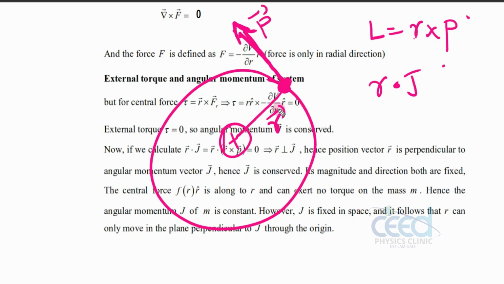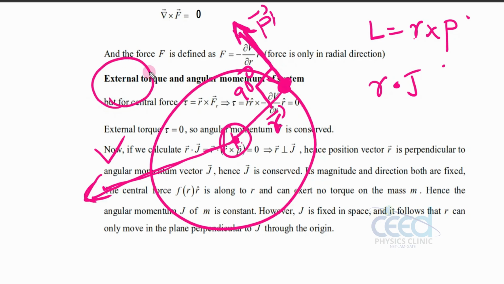Then the r cross p direction, that also we studied: it is perpendicular to both r and p. Then r and p are at 90 degrees. Suppose you draw one perpendicular to this, like the axle of a fan rotating, that is the angular momentum direction. Suppose one body is rotating, this is the radius vector, this is the momentum vector.